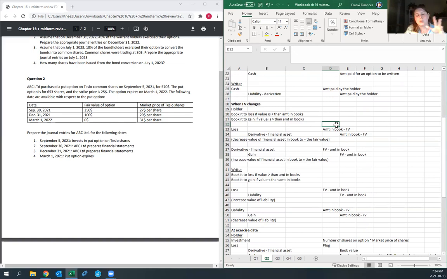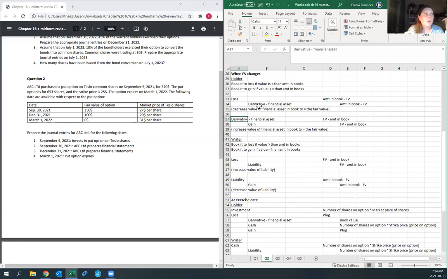So they want to bring it to the market value again. So it's loss, amount in book minus fair market value, and then you credit your financial asset, amount in book minus fair market value. That decreases the value of the financial asset to what's on the market. And then the gain is the same transaction, but reversed.